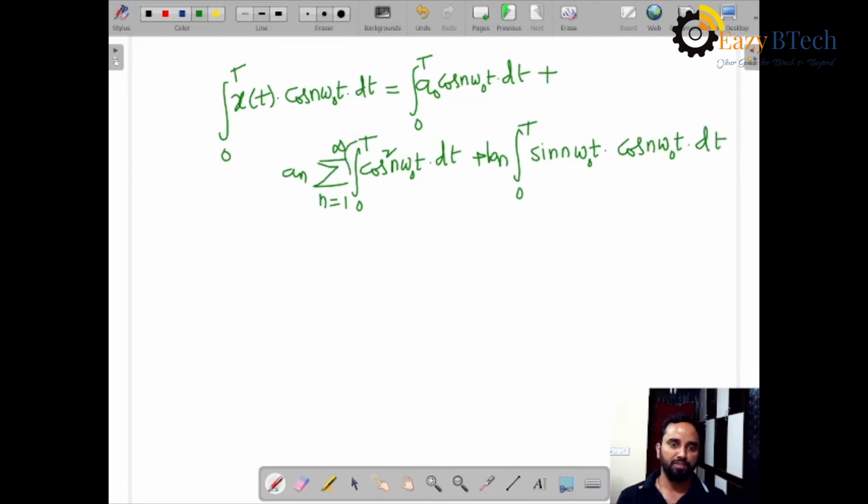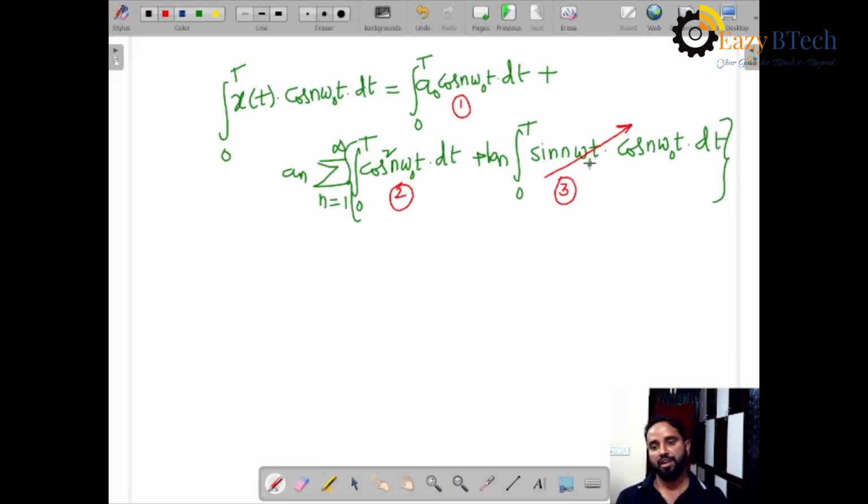So the summation has a bracket. Now we need to do the RHS. On the right side we have 3 integrations: integral 1, integral 2 and integral 3. We already discussed these integrals.